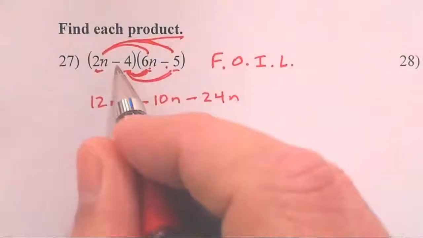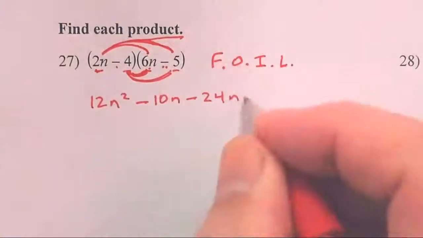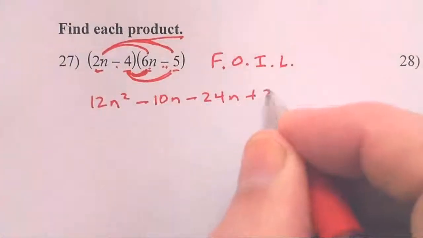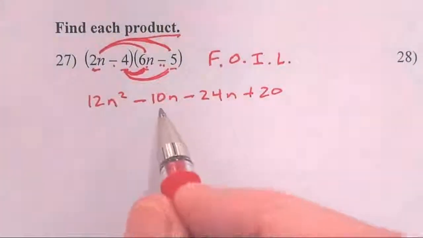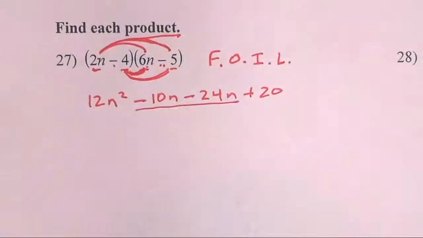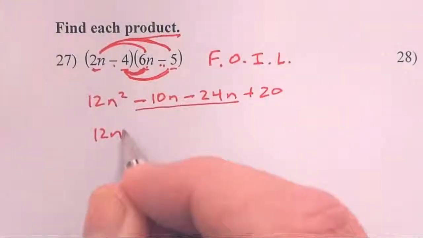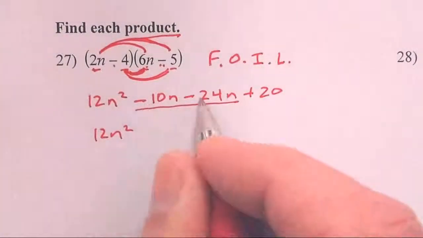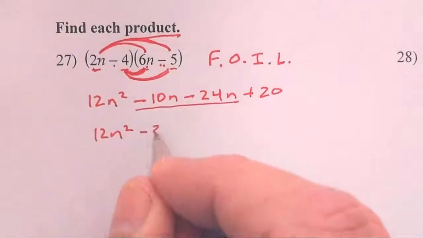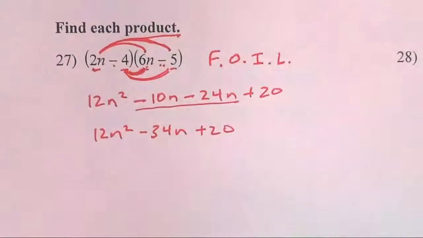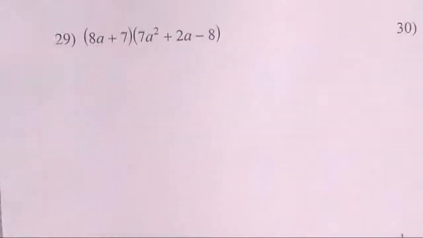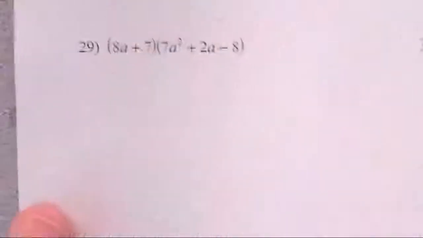And lasts, minus times minus plus 4 times 5, 20. And typically, not necessarily always, but typically we get grouping in the middle here. 12n squared, minuses mixed with minuses get along, minus 34n's, and plus 20.